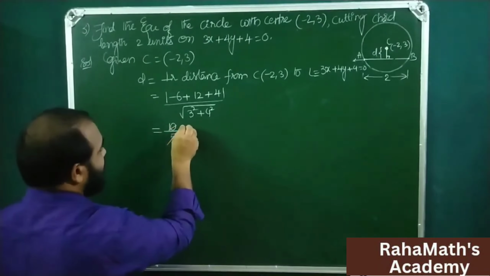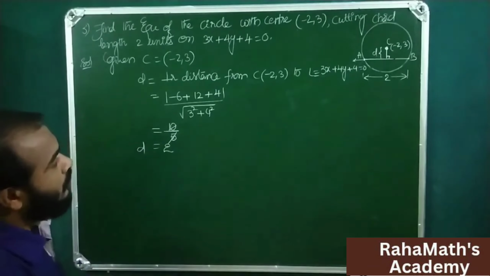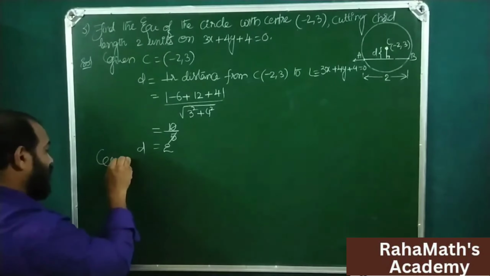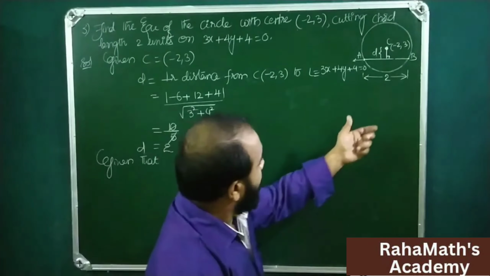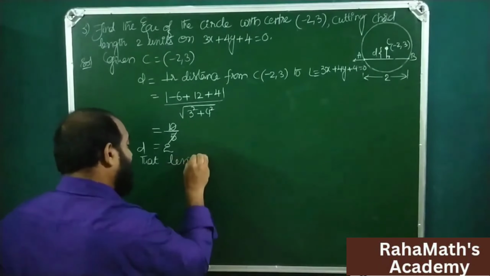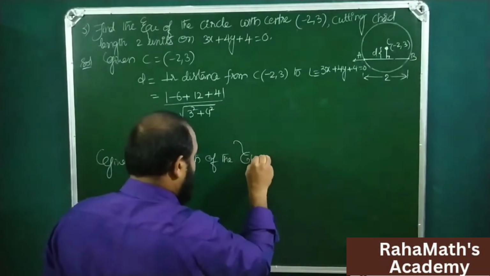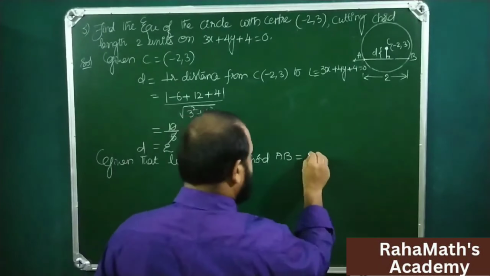If you cancel this, d is equal to 2. So given that the length of the chord AB is equal to 2.